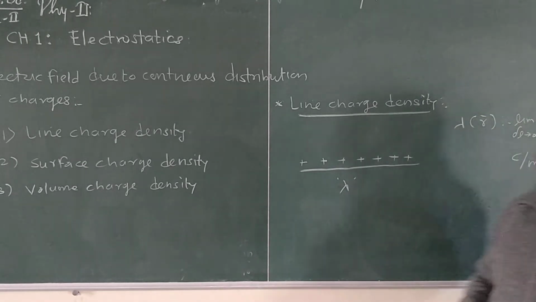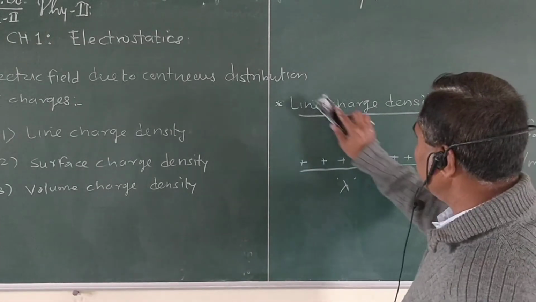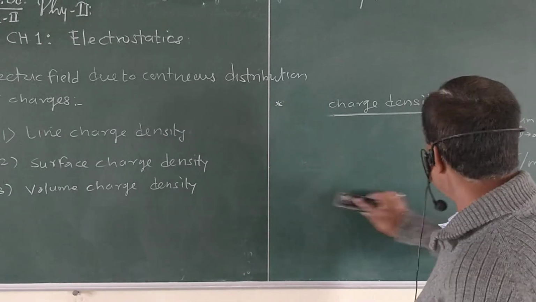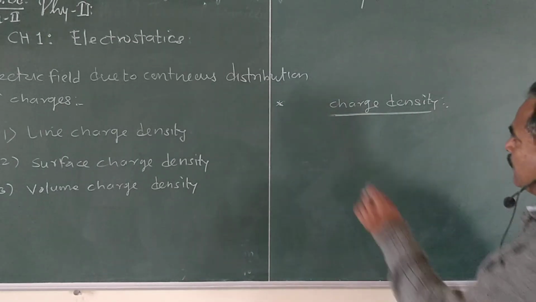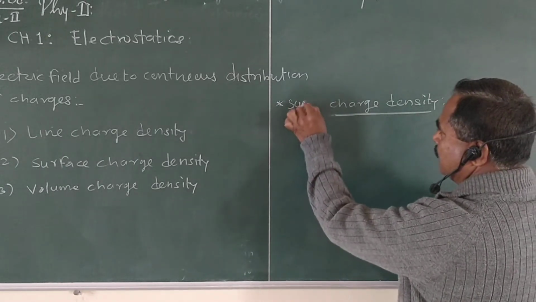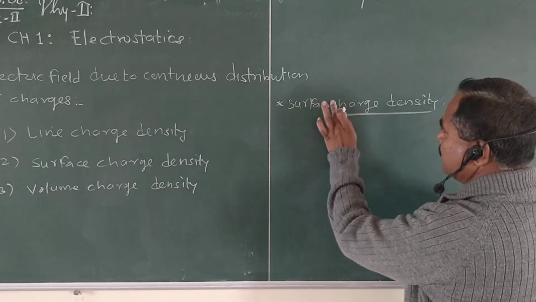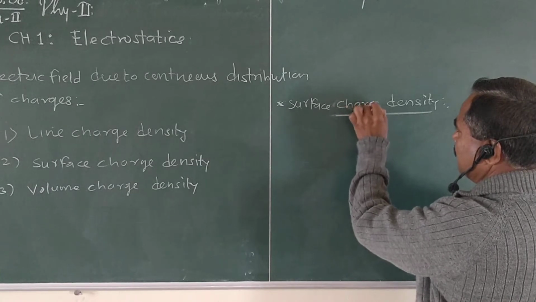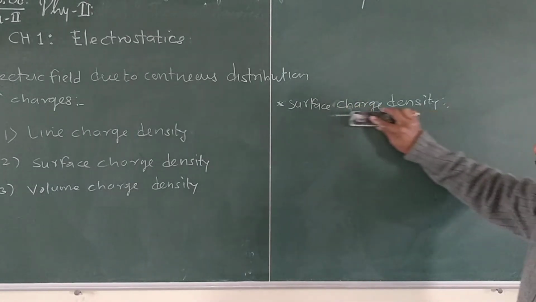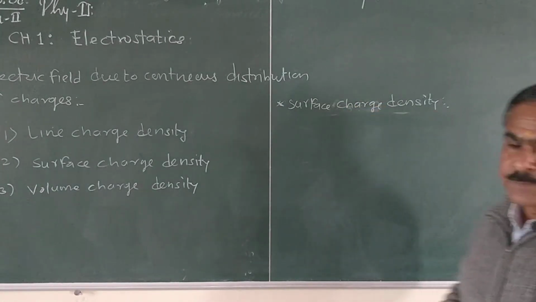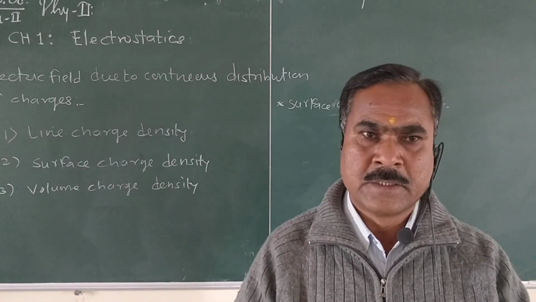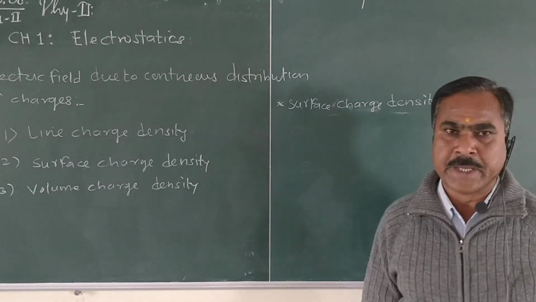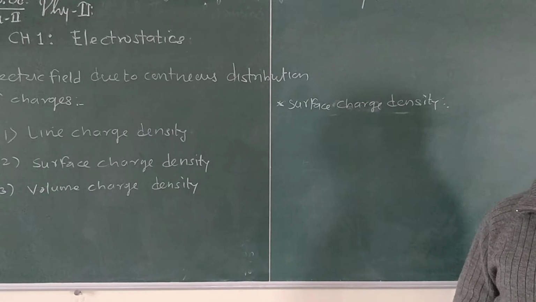Okay, next we consider the surface charge density. Take care. For this we consider the surface on which there is continuous distribution of charges.